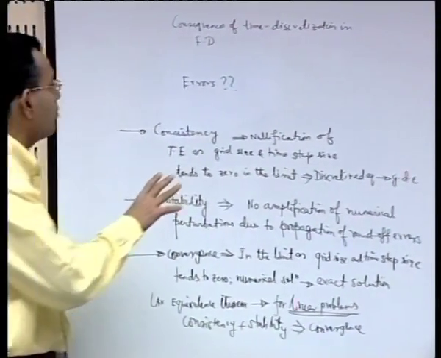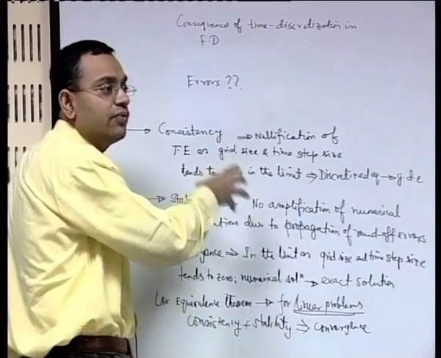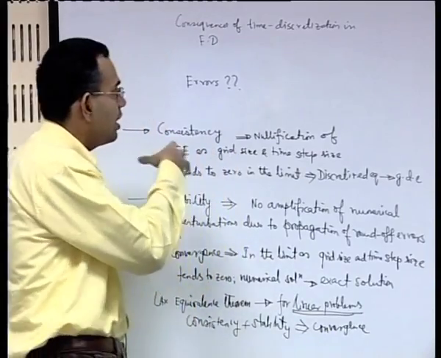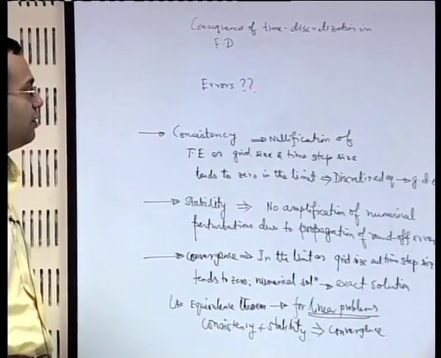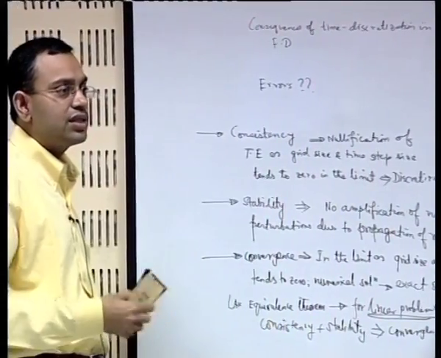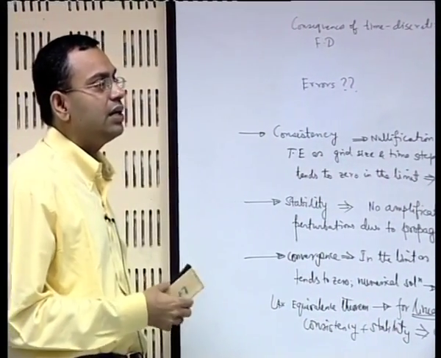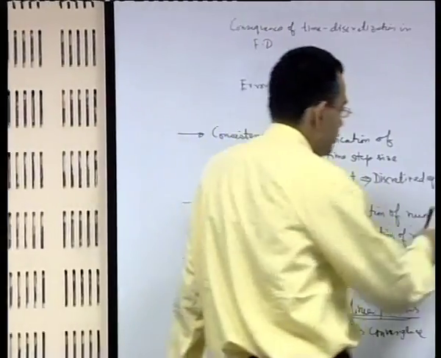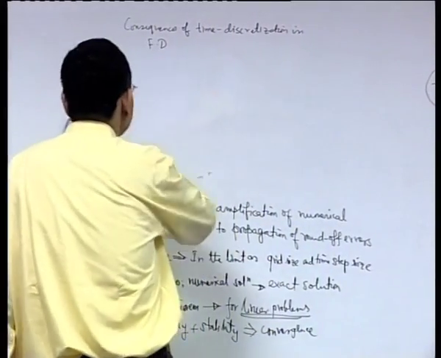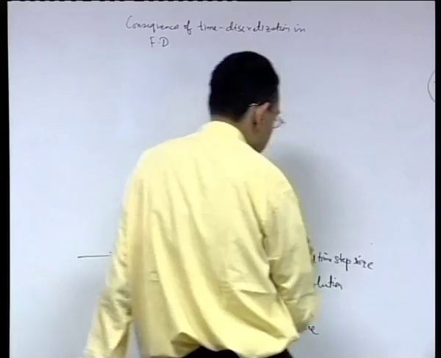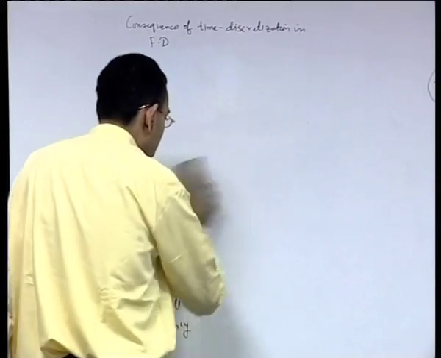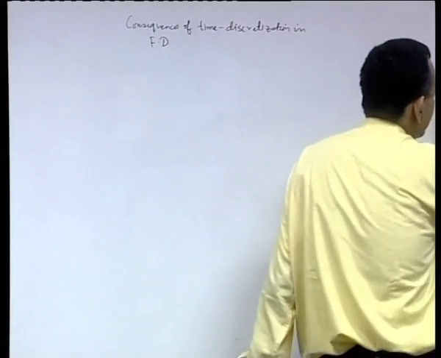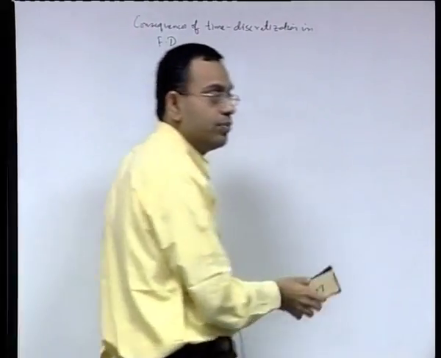So, we have now got a fair idea of the sources of errors that could be there in a discretization method, and in particular in reference to the finite difference scheme. Now, let us look into certain examples of finite difference schemes and see how these errors matter. So, we will consider finite difference schemes for one dimensional unsteady state diffusion type of problems.